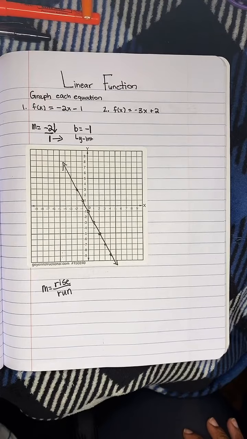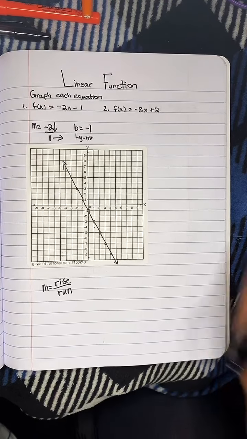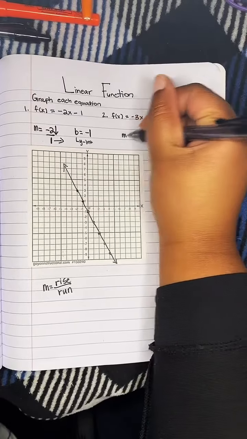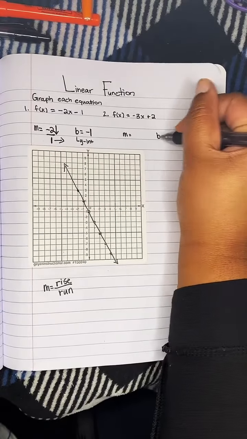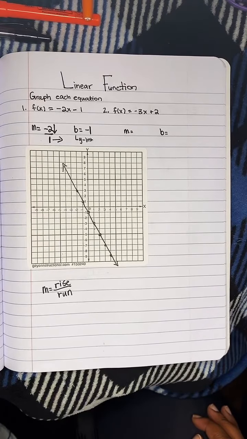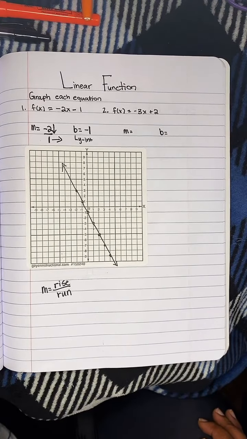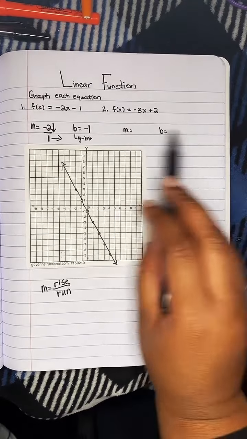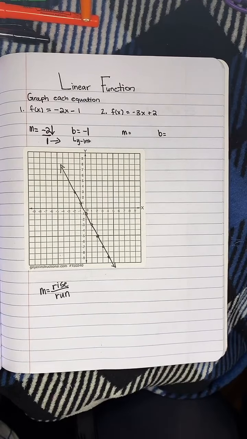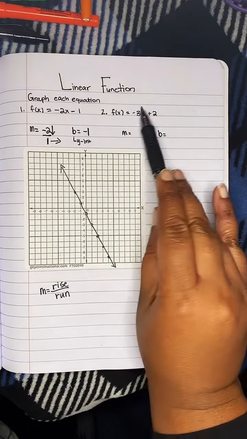Okay, so now let's look at this one here. Always identify your M and your B. So which one is our M and which one is our B? We're going to do this one right here, number 2.